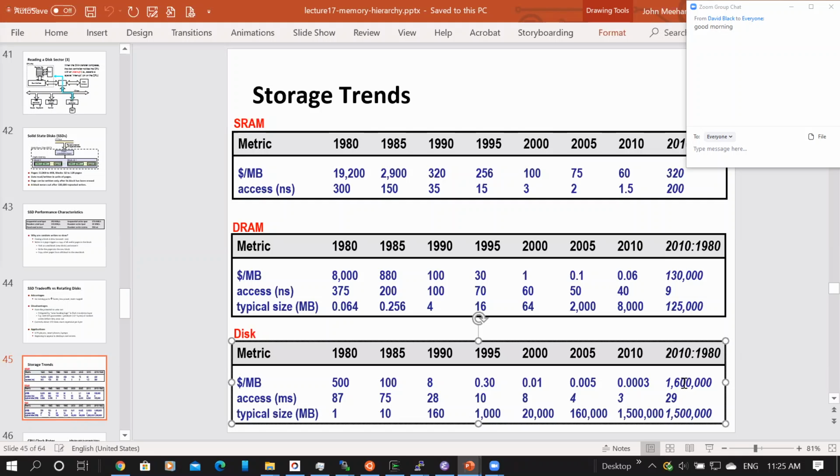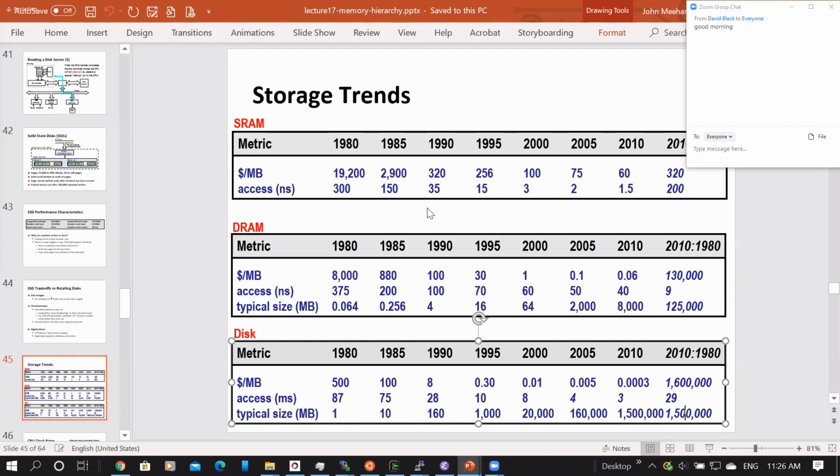You'll hear people make these crazy comparisons of, oh, if cars had improved at the same rate that our computers have improved since 1980, if you bought a car for $19,000 in 1980, you ought to be able to buy a car for $60 in 2010, and if a car could go 100 miles an hour then, it ought to be able to go 20,000 miles an hour now, right?